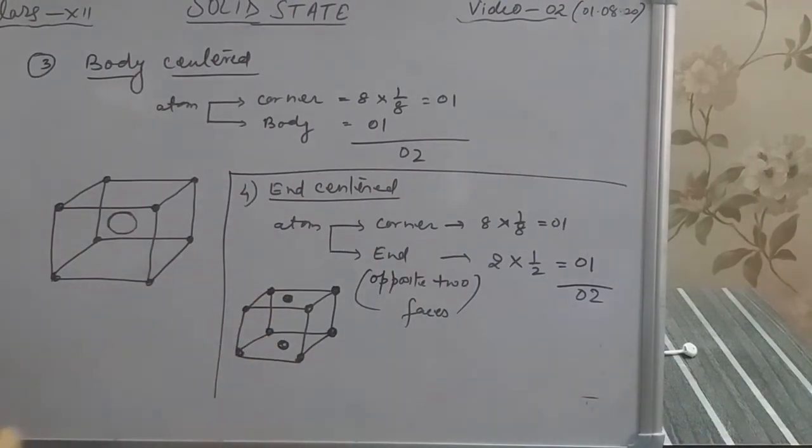In this way you can easily find how many atoms are present in different types of cubic unit cell. In simple cubic unit cell, only one atom is present. In FCC, 4 atoms are present. In body center, 2 atoms are present, and in end center, 2 atoms are present.